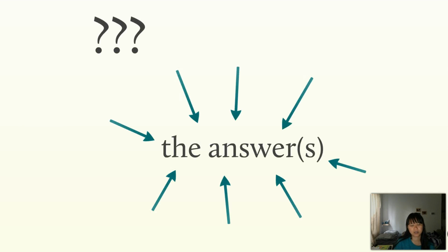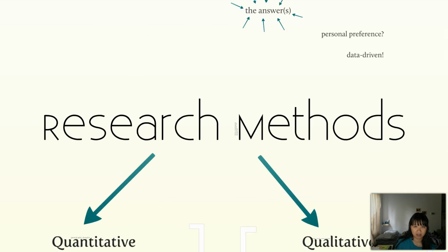So how do I know what I know? And how does any researcher know that the answer to their question is right? Short answer is research methods. I can't just use a single anecdote, or even just a handful of anecdotes about my parents and their friends.